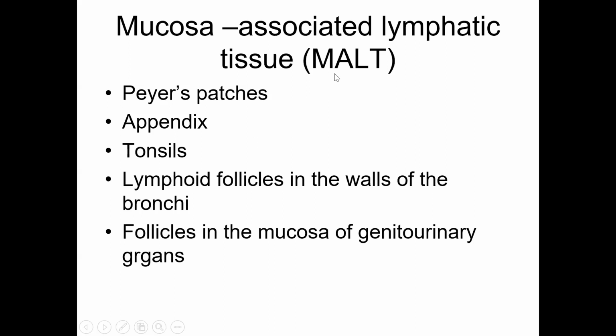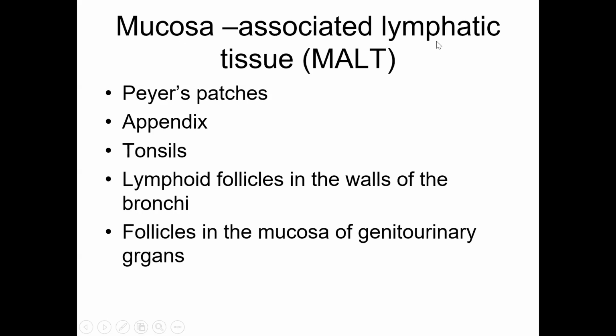The epithelial part can be simple columnar, can be pseudostratified, okay? In those kinds of epithelial lining, you have a lot of goblet cells embedded in the lining, which can make mucin protein to make a mucus, all right? So that's called a mucous membrane.